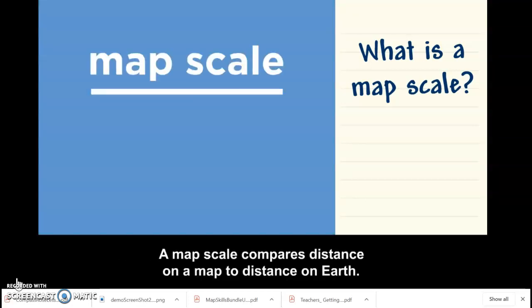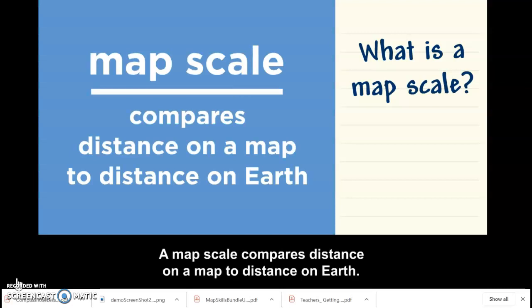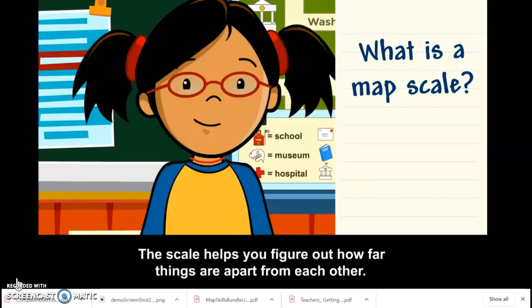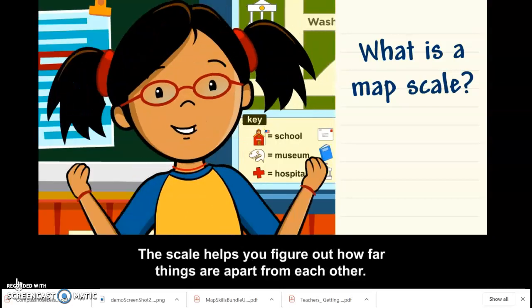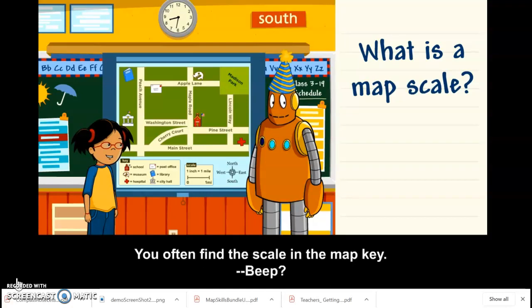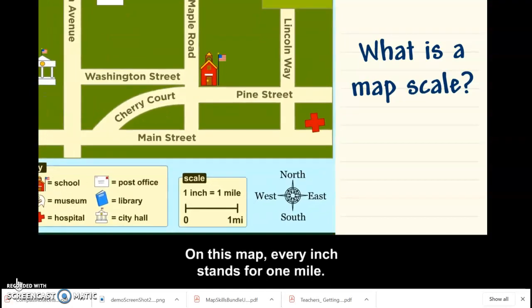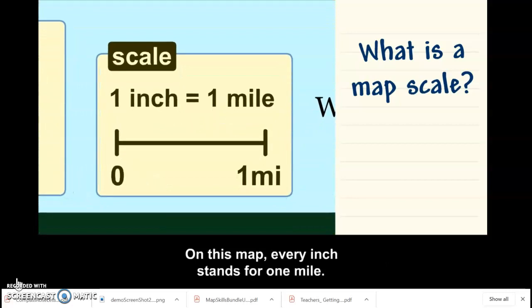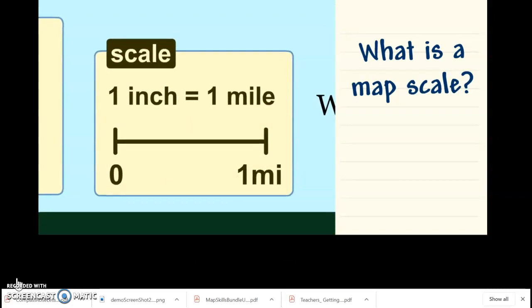A map scale compares distance on a map to distance on Earth. The scale helps you figure out how far things are apart from each other. You often find the scale in the map key. On this map, every inch stands for 1 mile.